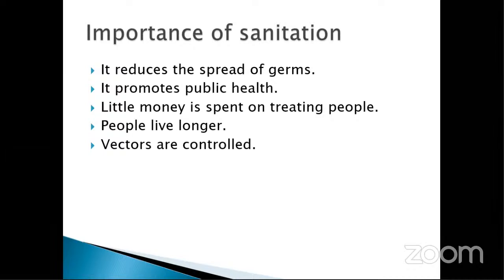A housefly spreads different germs and you'll find out that people get different diseases: trachoma for the eyes, diarrhea, dysentery, and many other diseases, cholera, typhoid. So this is what these vectors can do, but we shall discuss that with time.